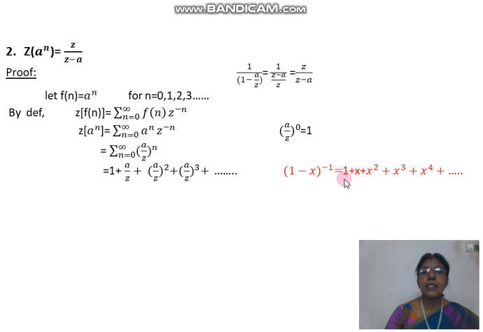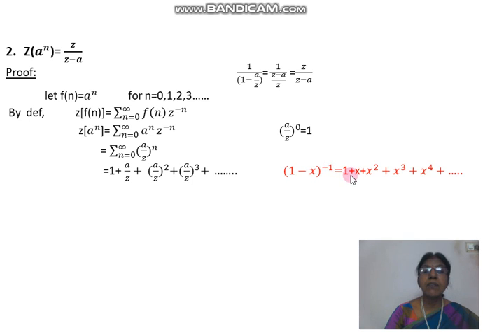Now you observe this series: it is 1 plus x plus x square plus x cube and so on, but in place of x we have a by z. Now the sum of all these terms can be written as 1 minus x whole power minus 1, that means 1 minus x inverse.